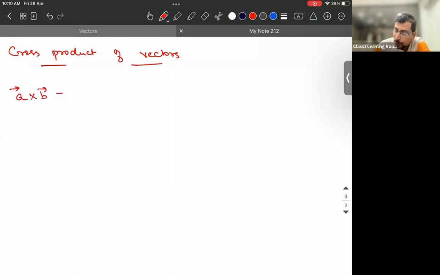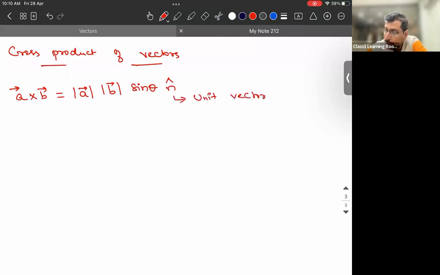A vector cross B vector is given as magnitude of A vector into magnitude of B vector into sine theta times n cap, where n cap is a unit vector perpendicular to both A vector and B vector.